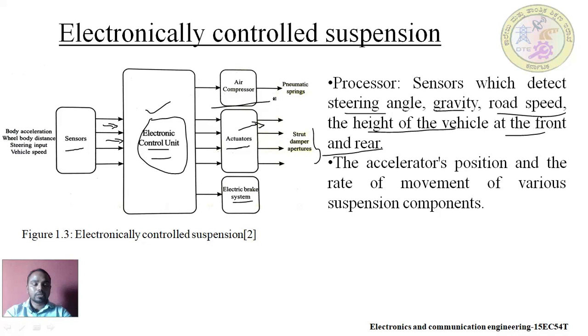Similarly, in an electronically controlled system, we also use the air compressor. With the help of air pressure, it creates the suspension, and this system can be controlled electronically. Hence, these are very important parts of the electronically controlled suspension system.